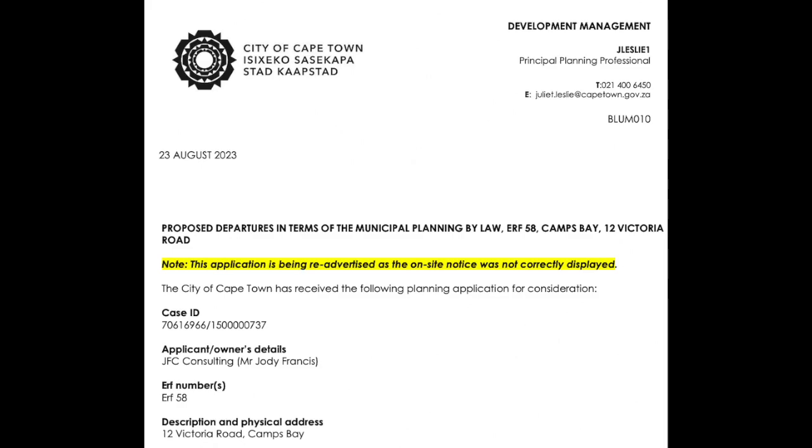It's 058, and I think that is the application there. 73737. It was advertised on the 8th of August and then again on the 23rd of August. I just want to see the full file because they've sent me bits of it, but I don't have the conveyancer. I just want to see the full file and the application form as well.